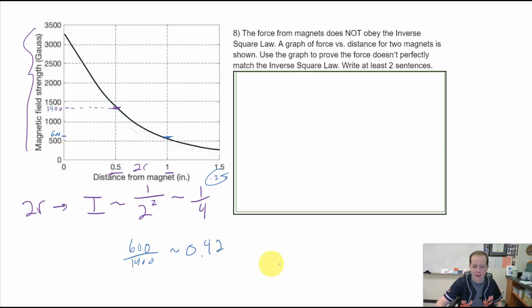Or if you flipped your fraction, if you did 1400 divided by 600, that's okay. You should have gotten around 4 times the number, theoretically, but you wouldn't have, so it doesn't match that way either. Okay, so there's how I proved it. So what would my answer be? Again, this is a tough one, okay?